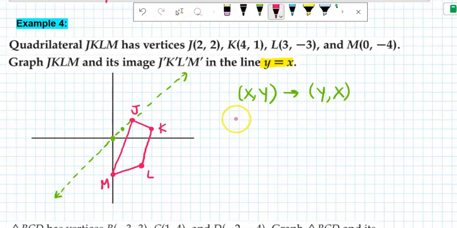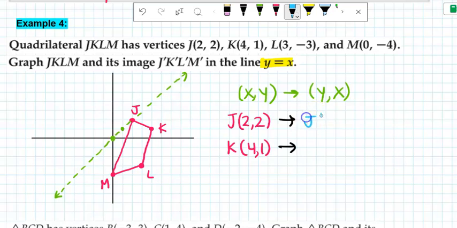Okay, if you want to write out your coordinates or start doing that, that's fine. Maybe I'll just write out a couple to show you. Okay, so we start with J at 2, 2. When we switch those coordinates, nothing changes, which makes sense because 2, 2 is on our line of reflection.